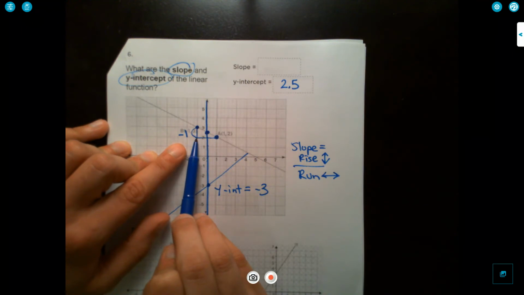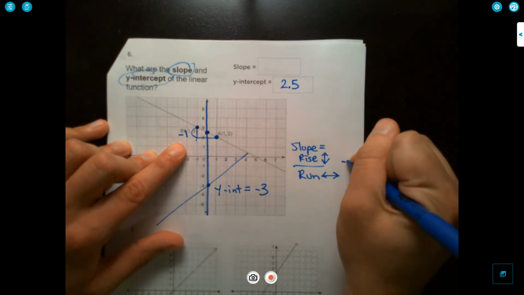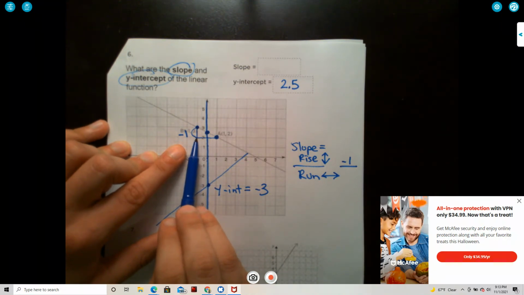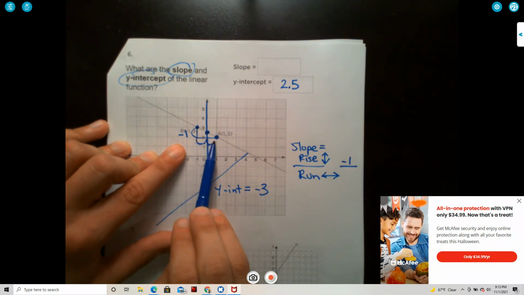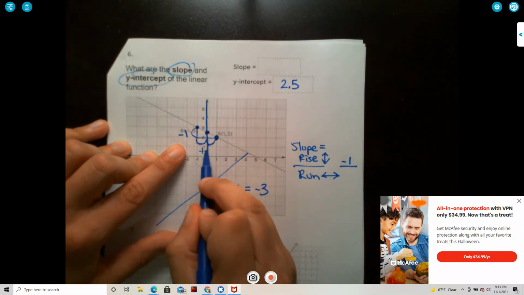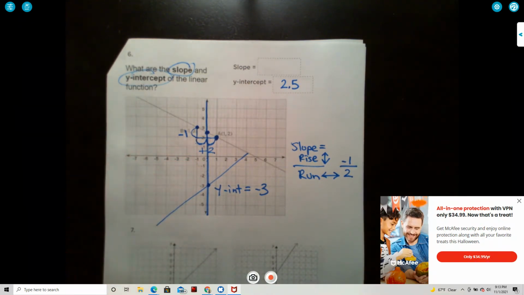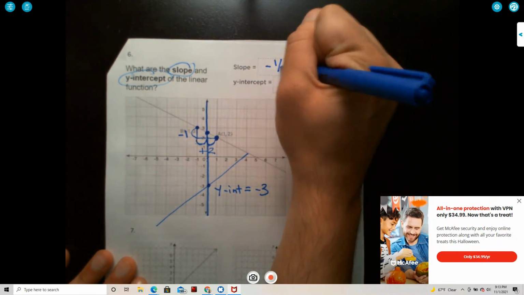So we went down 1, so the negative 1 is going to be our numerator. And then our denominator is picking up from where we left off. We go over 1, 2 to get to our end coordinate point. So we went to the right 2, so it's going to be a positive 2.